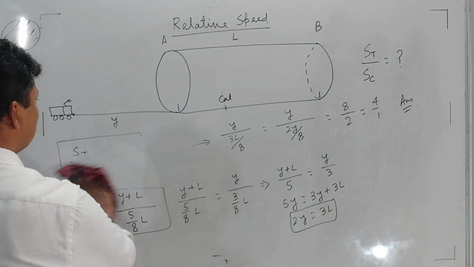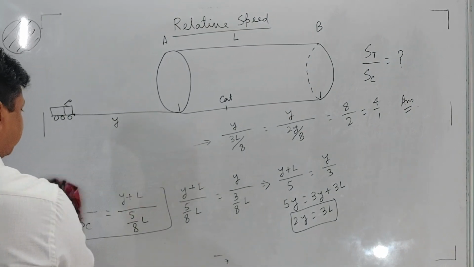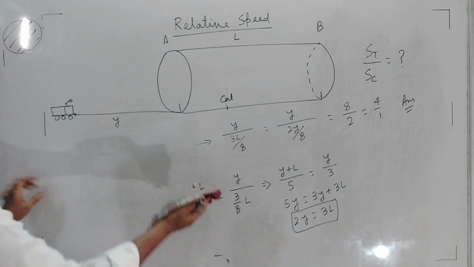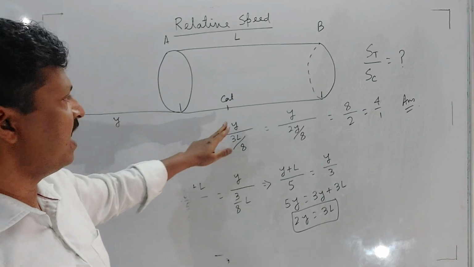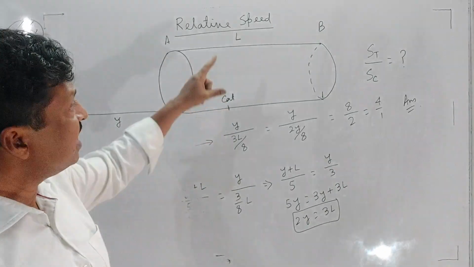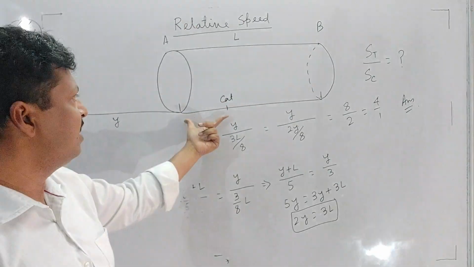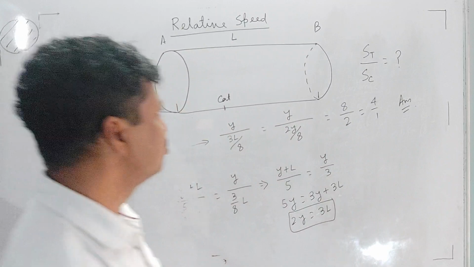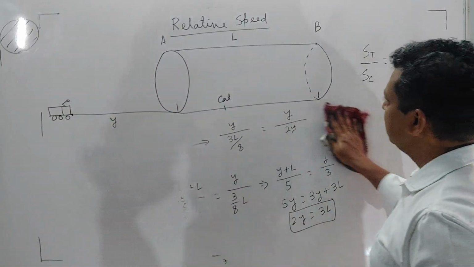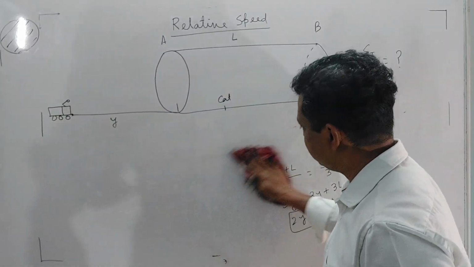So when you look at the shortcut part, let's understand this way. The cat was 3 by 8L away from the entrance. Now if I take L equal to 8 kilometer, I get an integer distance over here. So let's take the length of the tunnel as 8 kilometer.